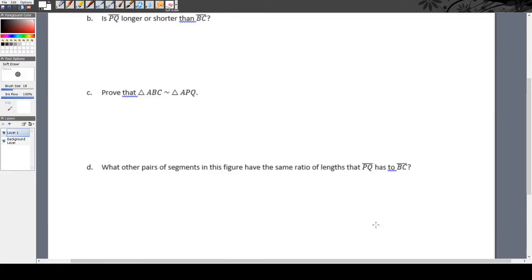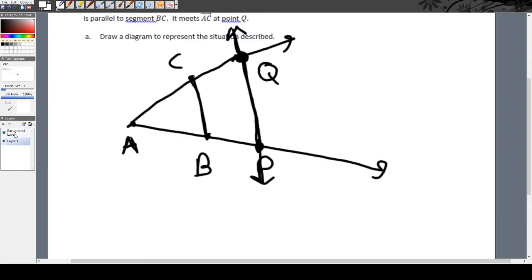Again, next thing we will be taking a look at is part B of question 1. So part B asks, is PQ longer or shorter than BC? Well, let's take a look at them.